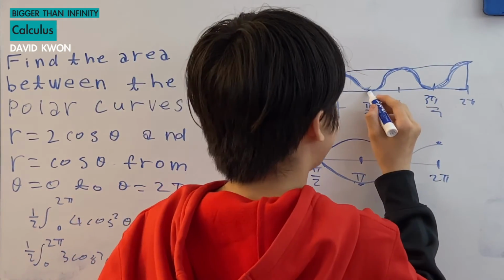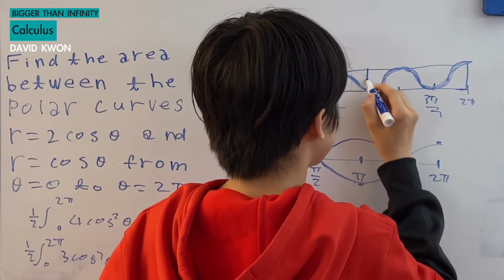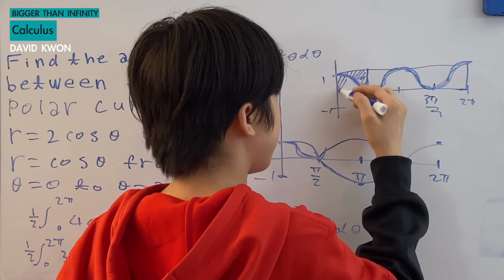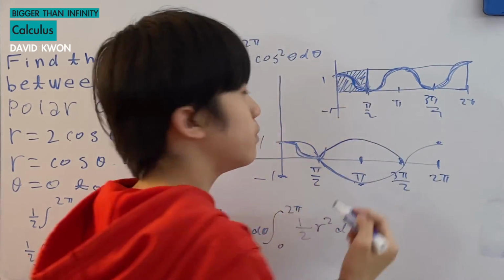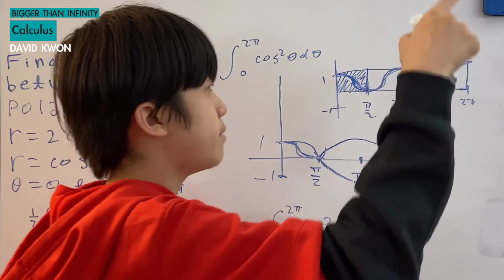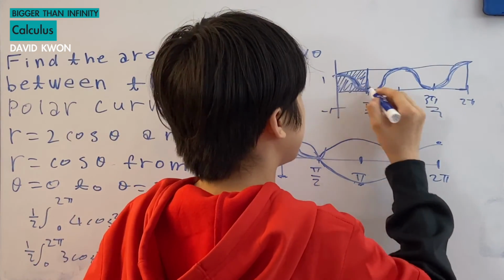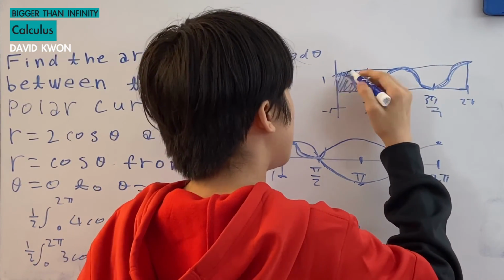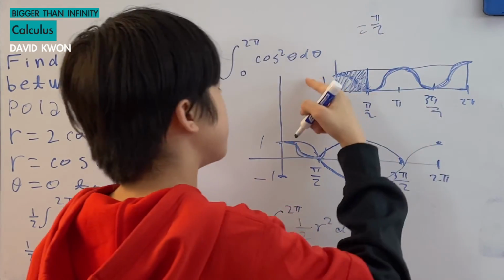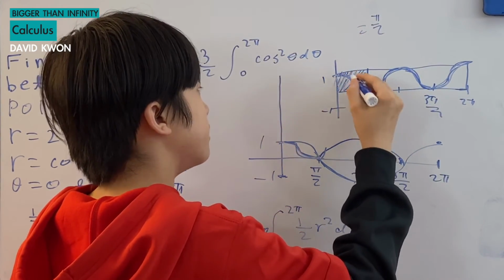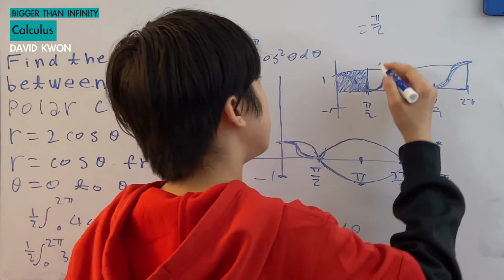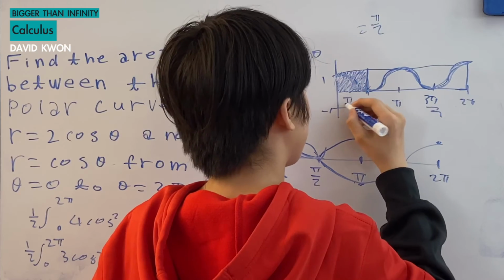If we separate it into this, this area is equal to this area. So this curve cuts it in half by curving. This box has an area of pi over 2, because that's pi over 2 times 1, but this area is equal to this area, which means this one area is pi over 4.